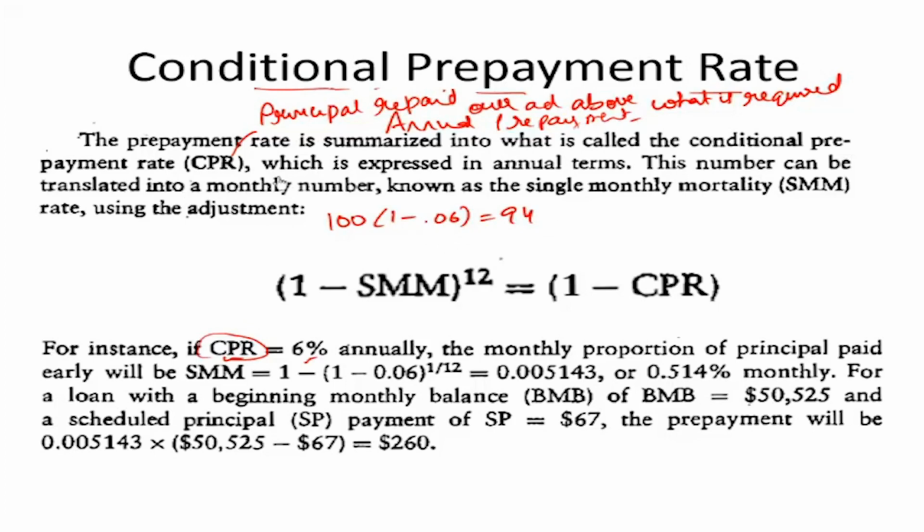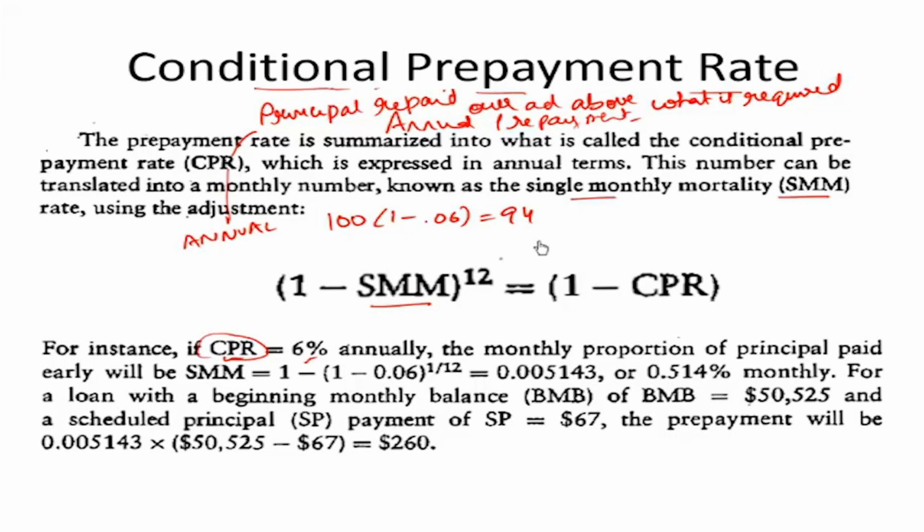The conditional prepayment rate, remember, is an annual rate. This rate can be converted into a monthly rate, which is called the single monthly mortality, or the SMM. So it's the same as the conditional prepayment rate, only converted into an equivalent monthly rate.